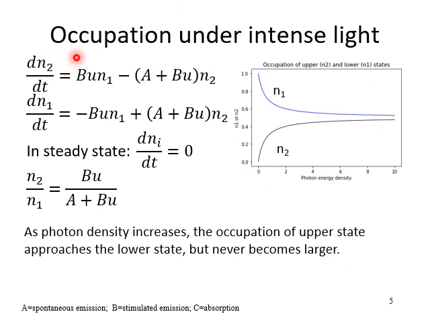So taking those coefficients as we know them, we can plug those in and actually calculate the occupation of the N1 state, the upper state, and the lower state as a function of the photon flux in the problem.